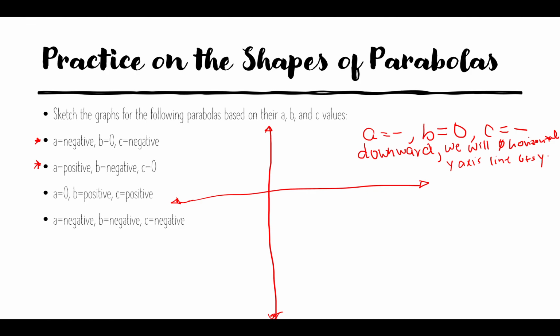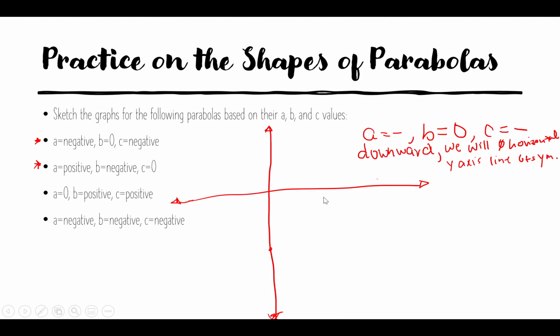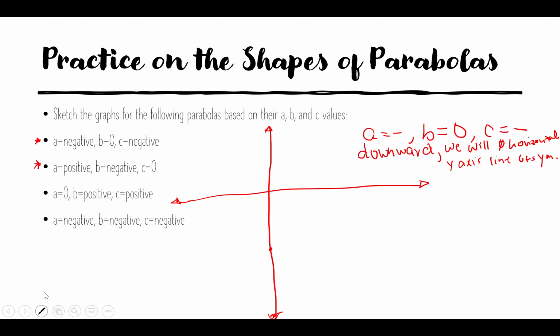And lastly, when c is negative, that tells us that our y-intercept will be on the bottom half of the graph, split by the x-axis. Based on this, we can draw a parabola that looks like this.